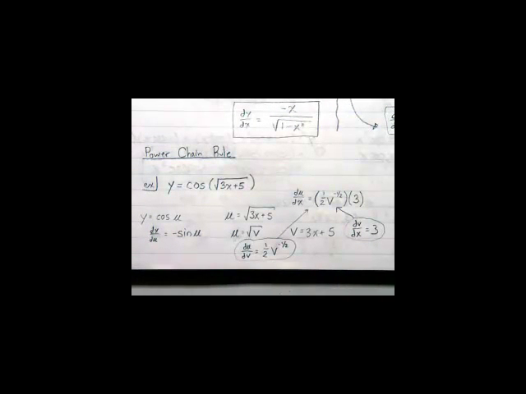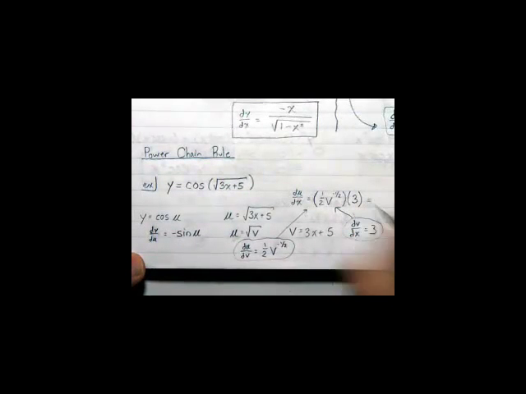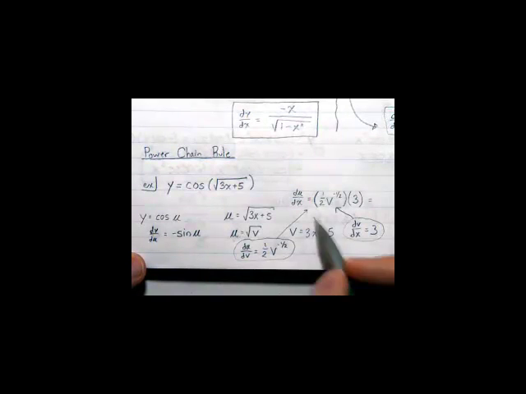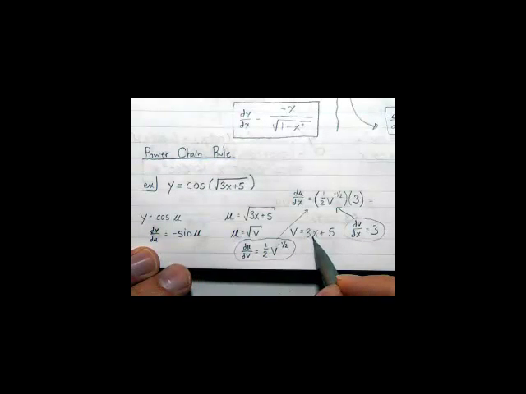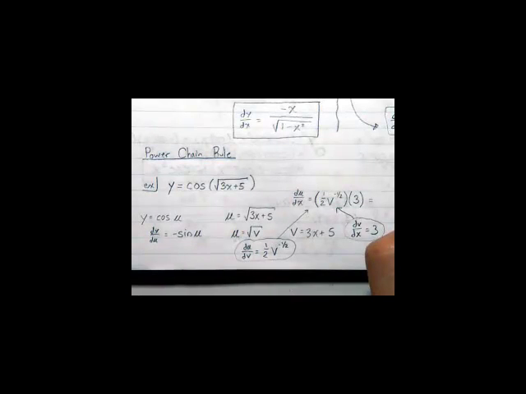Okay, so I'm going to simplify this up a little bit. Okay, so I need to do a back substitution because I know v is 3x plus 5. So I can take that 3x plus 5, put it back in, do some rearranging and such. So that's what I'm going to do next.